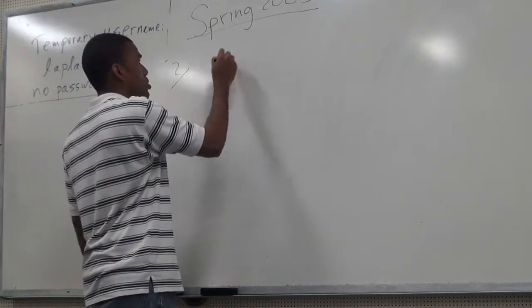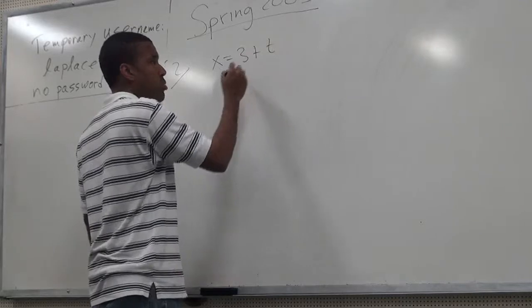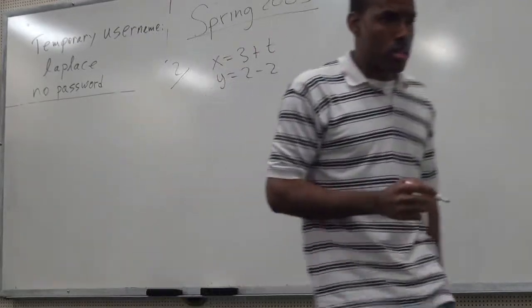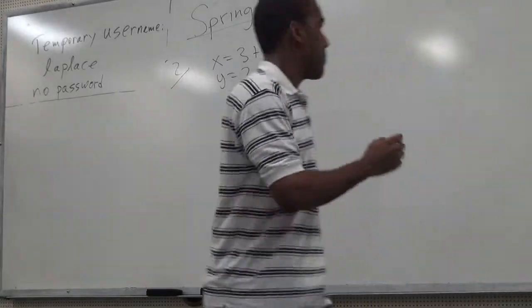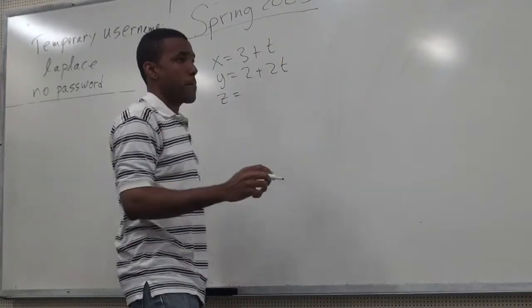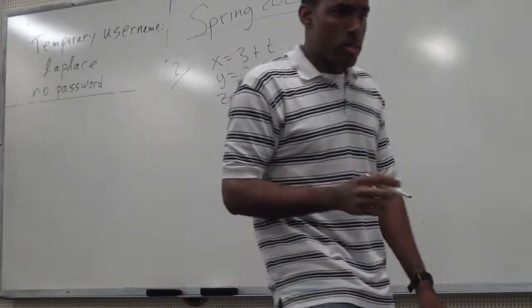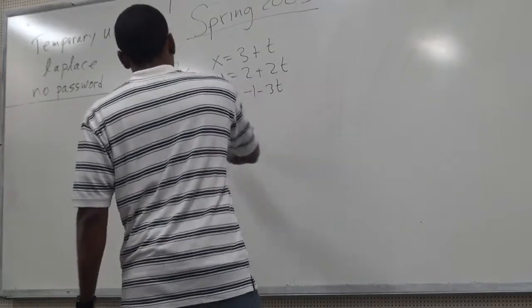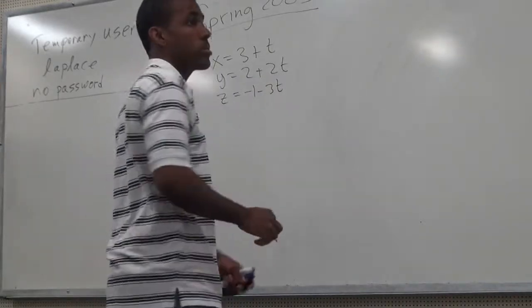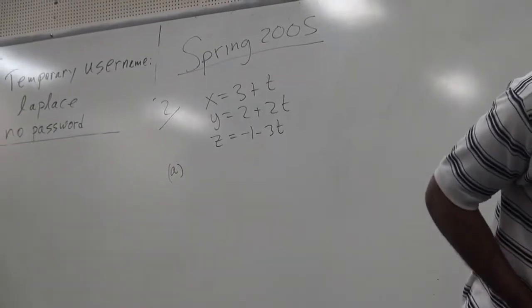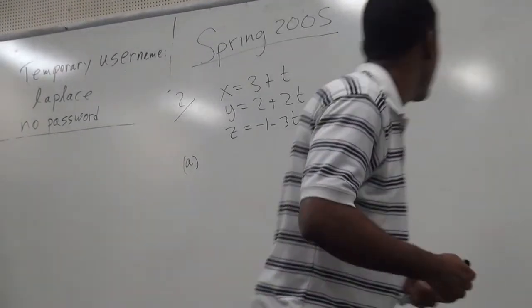We have x equals 3 plus t, y equals 2 plus 2t, z equals minus 1 minus 3t. And this says that the plane is z equals x plus 2y.